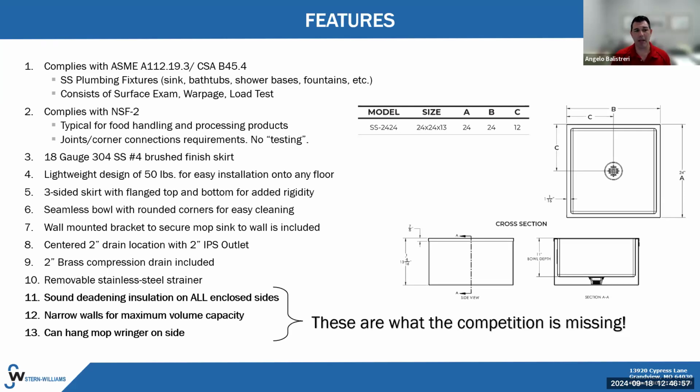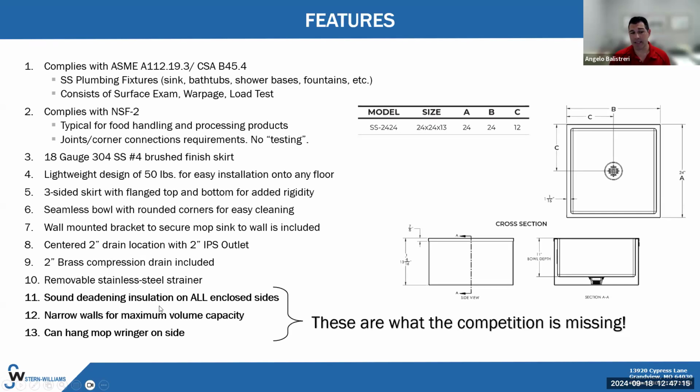We talked about the lightweight, the gauge, and the seamless bowl, and it comes with a 2-inch drain location and the 2-inch brass drain compression. Again, things that the others are missing.